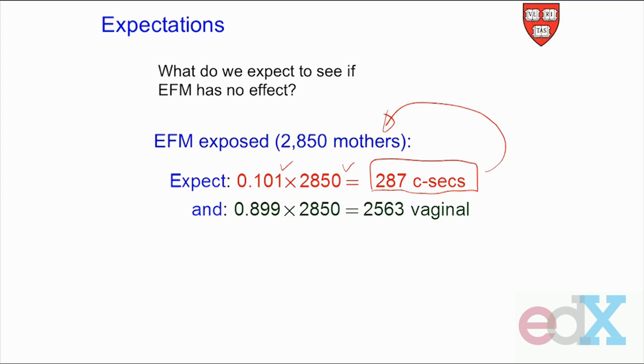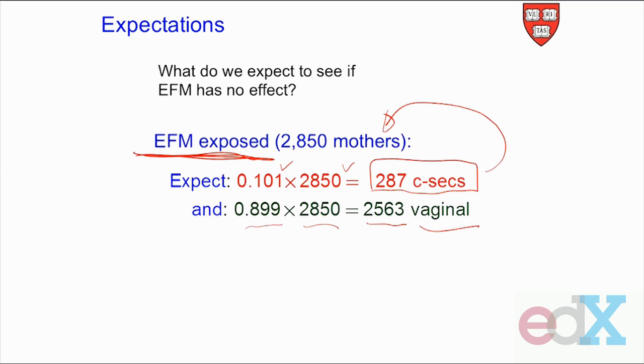And that means that roughly 90% of them, which gives us 2563, would have had a vaginal delivery. This is if the 10% held for these mothers, the EFM exposed. And this 10% we got from everybody, which was ignoring the EFM exposure. Okay, so that's the way we proceed.